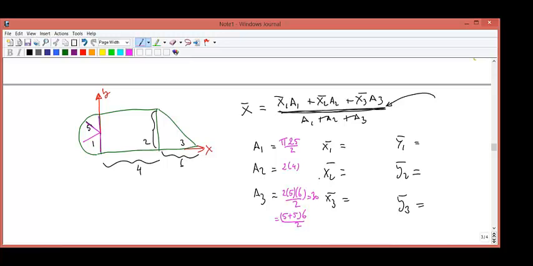All right. Now, let's start with the easy guy. X2 bar. Where is the centroid of area? Oh, why is 2 and 8? Uh-oh. Where did I goof?